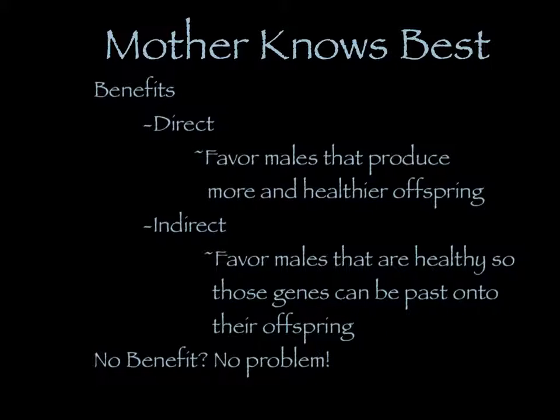Exaggerated traits show that a male is well-fed, disease-free, and overall healthy. This makes these exaggerated traits more appealing to females. These traits will continue to get more and more exaggerated until male survival is reduced so much that their net production of offspring is lower.